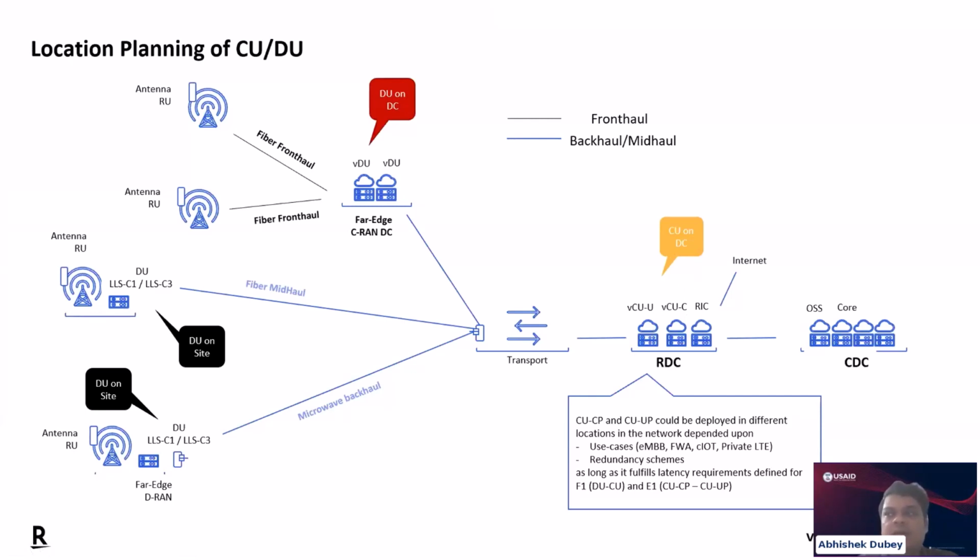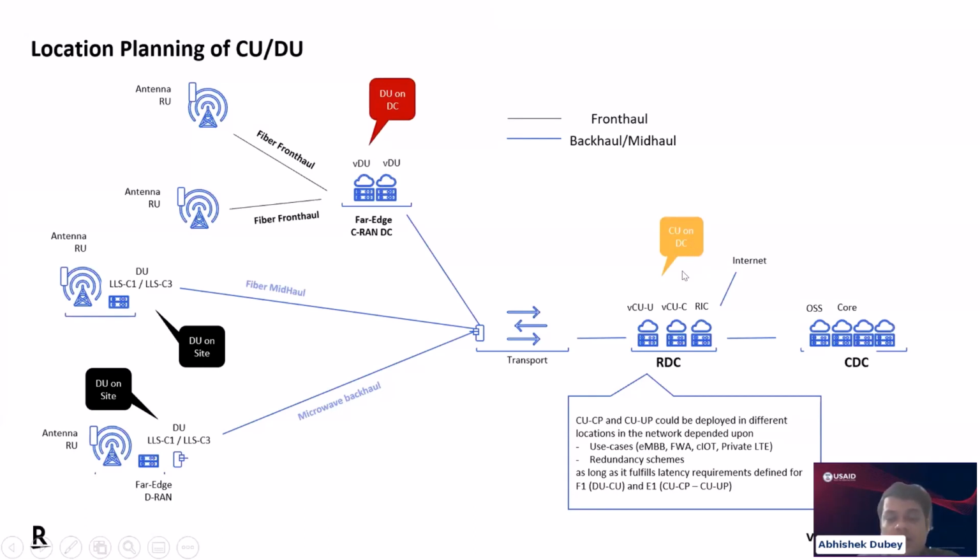It doesn't require any accelerator card or anything. So it should be centralized, then only can the resources of the server be utilized in the most efficient way. In each scenario, whether the DU is on site or on the edge, the CU will be in the data center.